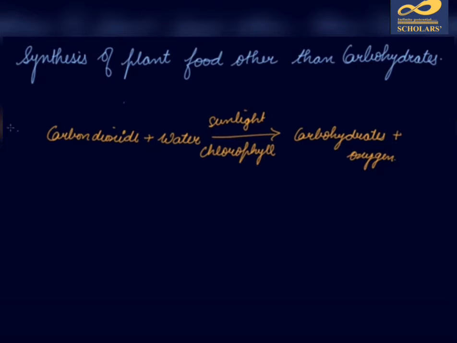But proteins, see now, these carbon dioxide and water are used to synthesize other components of foods like proteins and fats. Now proteins are nitrogenous substances.